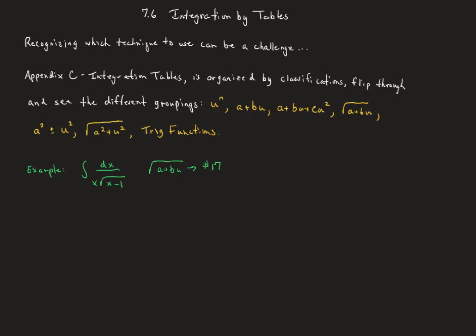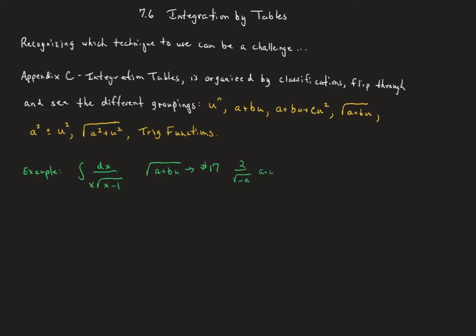You don't have to write the formula down, but the formula says 2 over the square root of negative a, and then arctangent of the square root of a plus bu all over negative a, plus c.